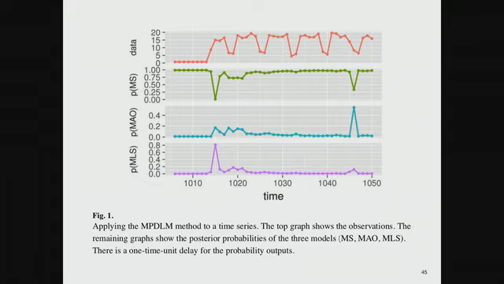And similarly, the probability of a temporary offset goes up at these various points, and the probability of a level shift goes up at this point. And you can see that indeed there is a level shift from essentially 0 up to this periodic behavior in the original data sequence.